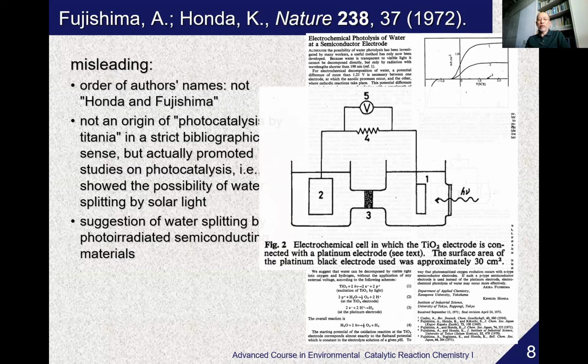So nobody knows what is 1, what is 2, and what is 3, 4, 5. Probably 5 is a voltmeter, and 4 might be a resistance, and 3 might be something dividing two cells of the electro system. And probably 1 is titanium, and 2 is platinum, but then nobody knows.